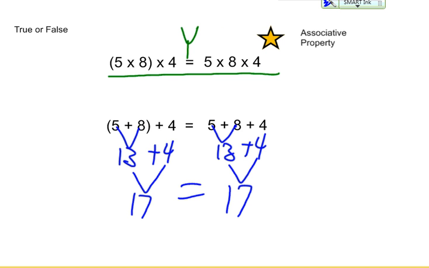The associative property says that when you're adding and when you're multiplying, it doesn't matter what order your different numbers are in. So it doesn't matter if I go this way first or that way first. It doesn't matter because they can all be mixed around and you're always going to get the same product.